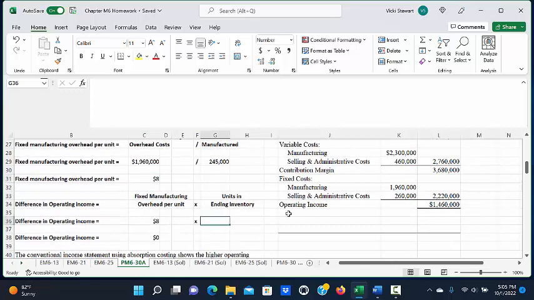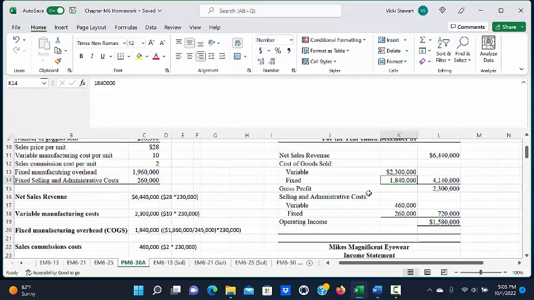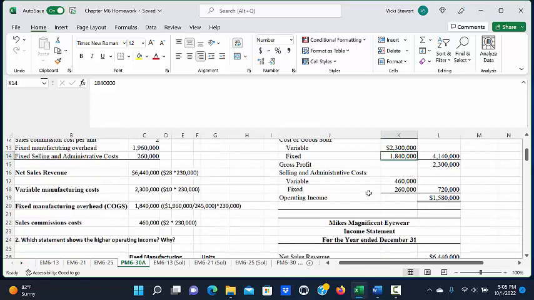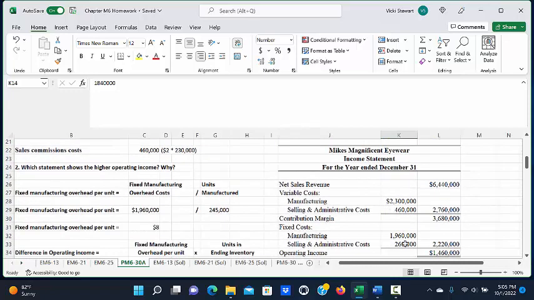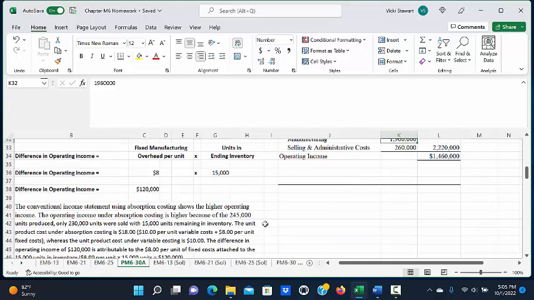When we multiply that by the number of units that remained in ending inventory that were produced but not sold, 15,000, we get $120,000 difference in the operating income. So we can see that the fixed manufacturing overhead in cost of goods sold was $120,000 less than the fixed manufacturing costs that were included using variable costing.